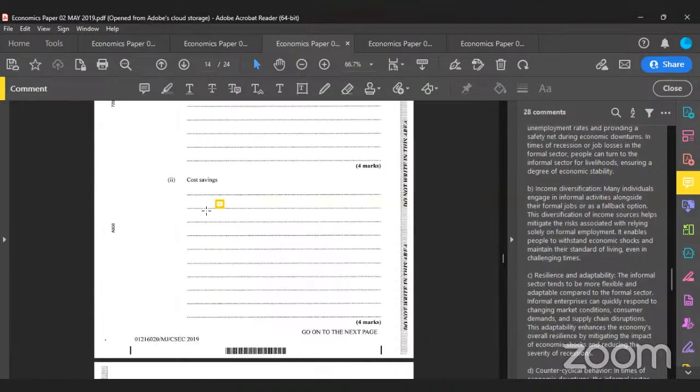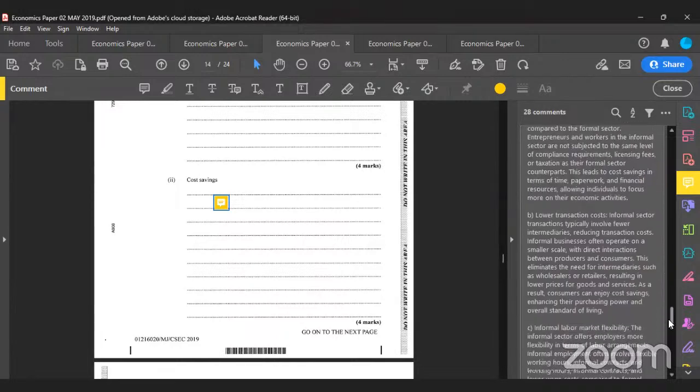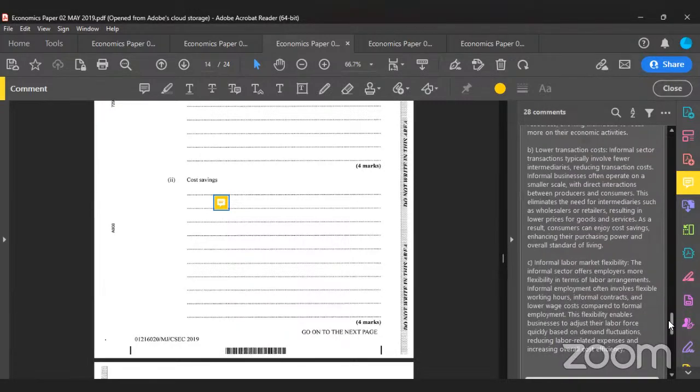Furthermore, the informal sector also assists with cost savings, right? For one, the informal sector typically has lower transaction costs. They typically involve fewer intermediaries, which means that you're not going through banks and everybody adding interest or taking a little extra money.